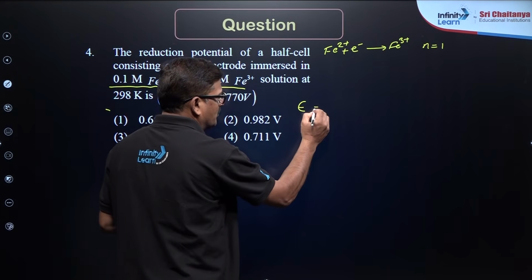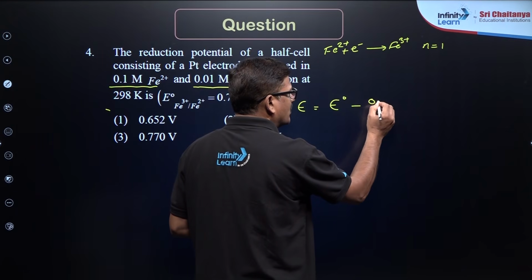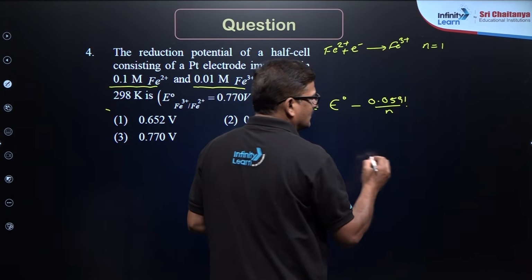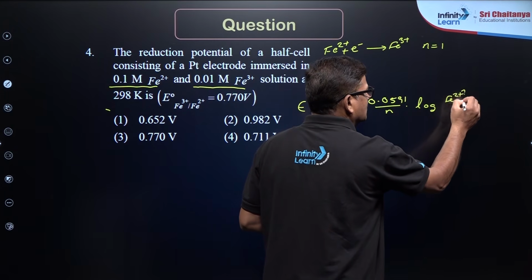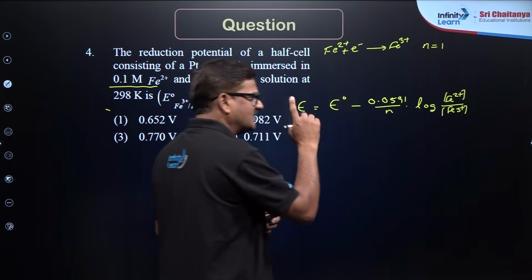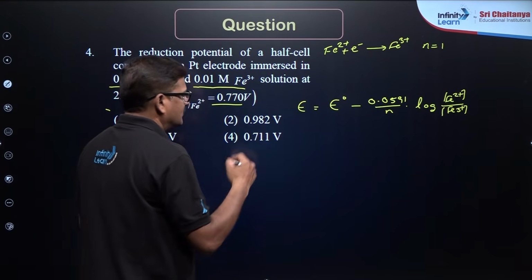In the Nernst equation, the cell potential is equal to the standard electrode potential minus 0.0591 by n times log of the ratio of Fe2+ and Fe3+. In this case n is equal to 1, and E naught is given as 0.77.